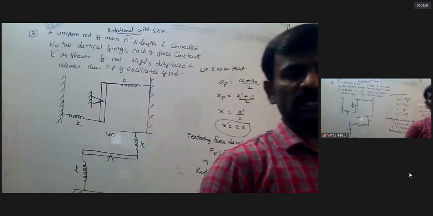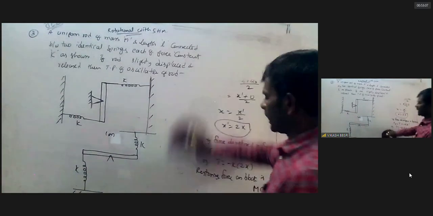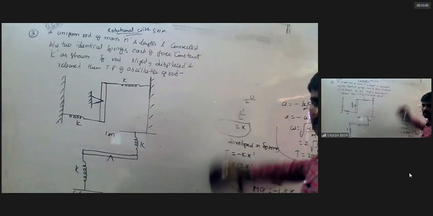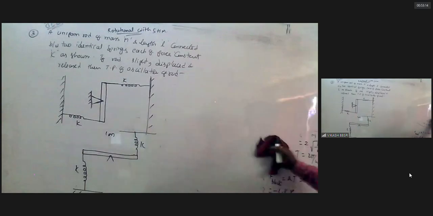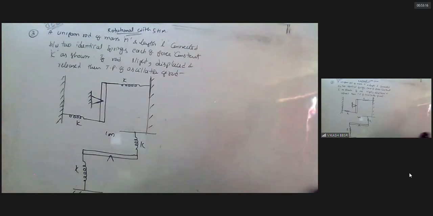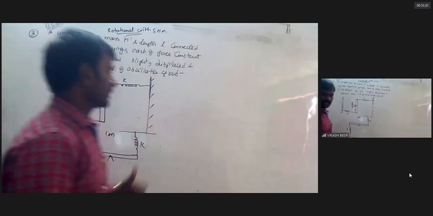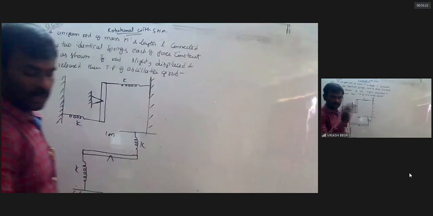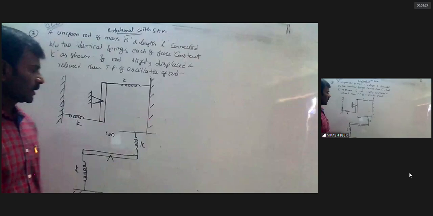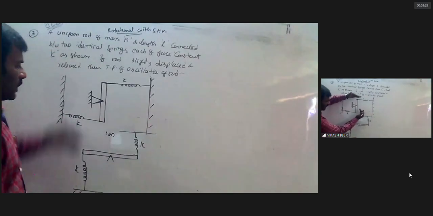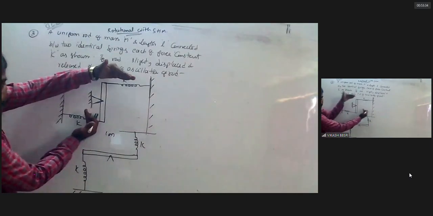People need to get an idea how to solve these questions. I explain so that we get time for more models. You just see the model and get a thought about it. If you push it like this to the left side and release, what happens? To and fro motion.